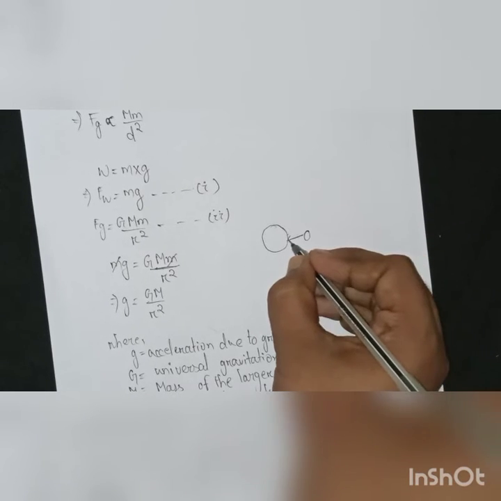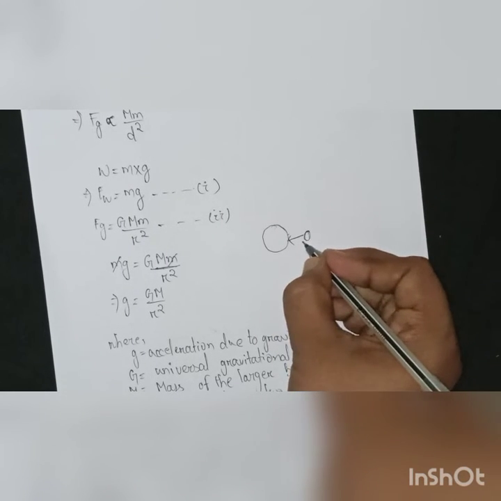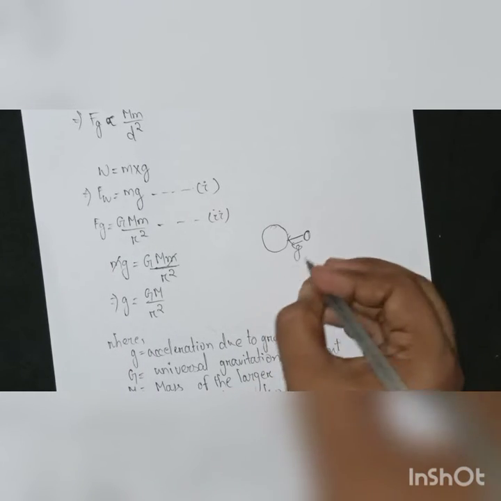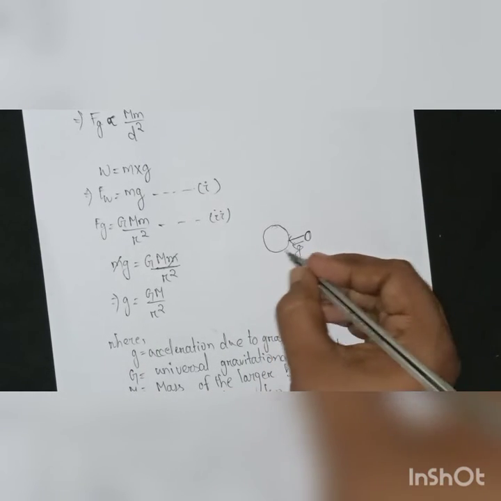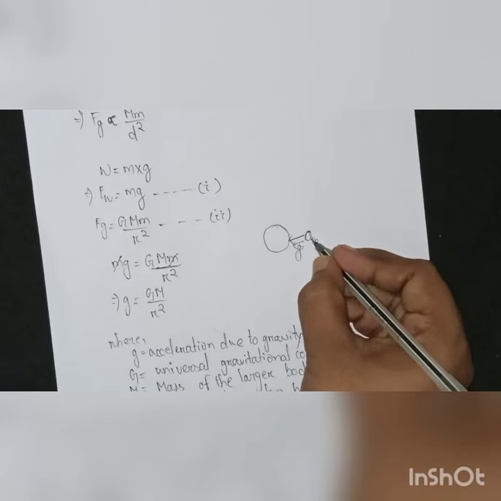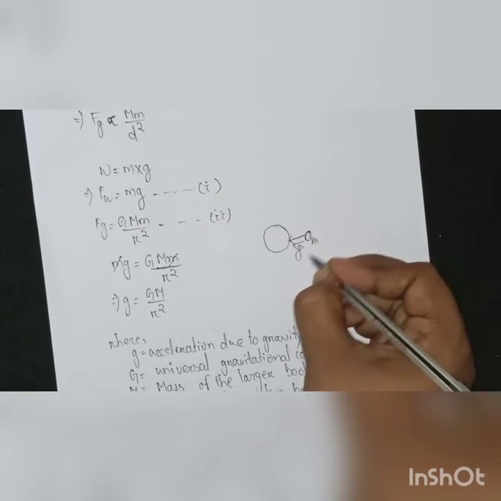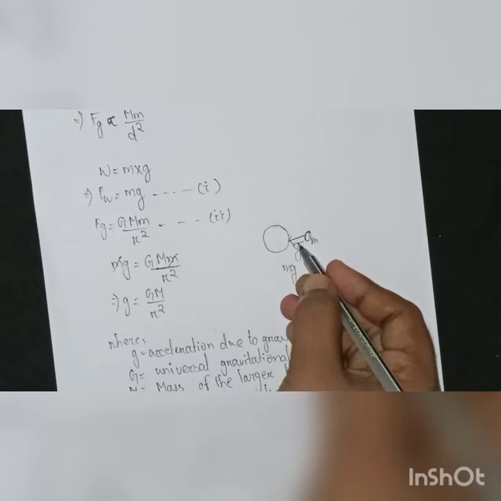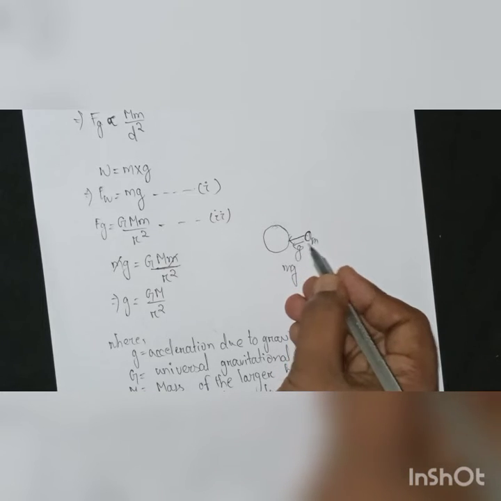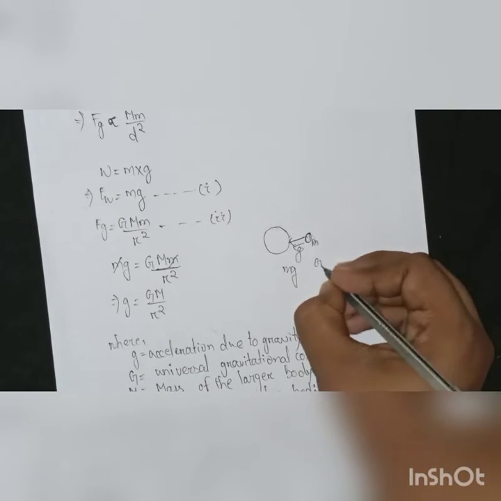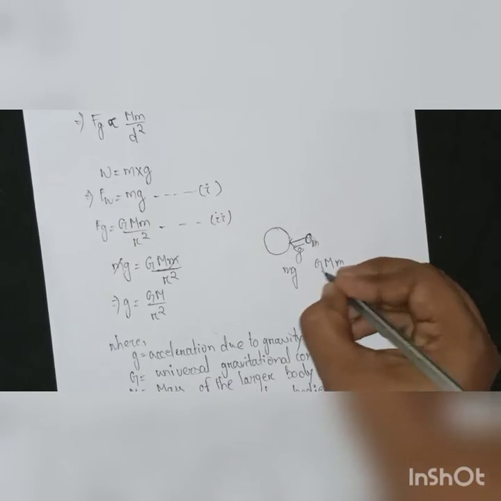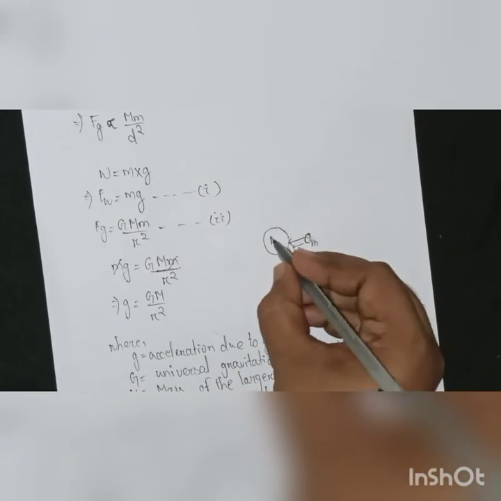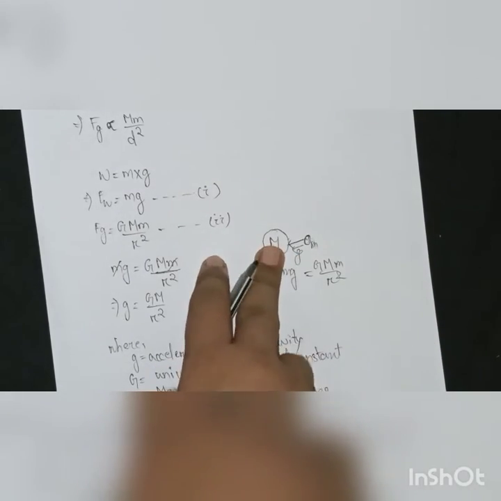So it's also applying some force on this, and the pulling is equal to the acceleration due to gravity g, and this body's mass m. So the weight of the body is equal to m multiplied by g. We're gonna write mg. And also a gravitational force is acting on the smaller body, so we can also write it as GM by r square. So both are equal, and capital M is the mass of the larger body.